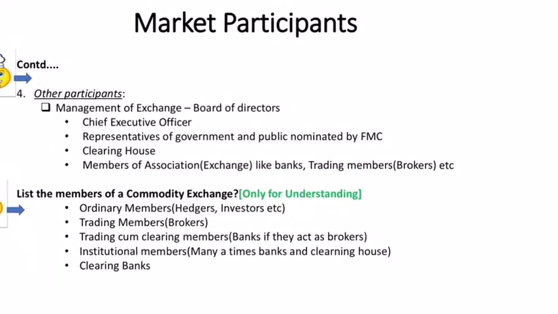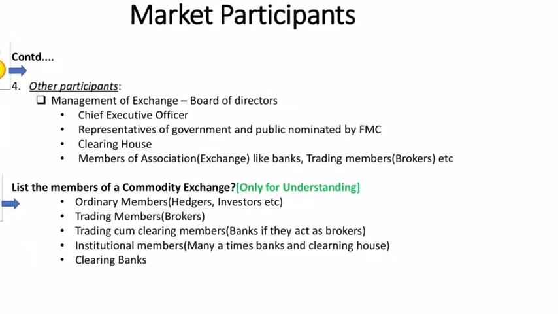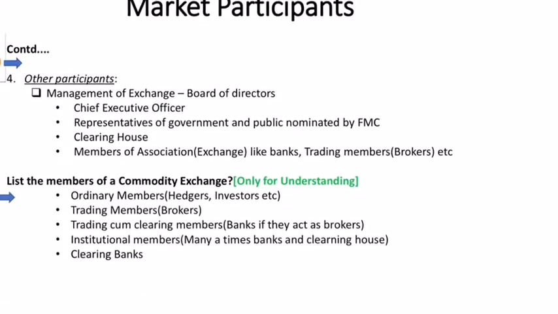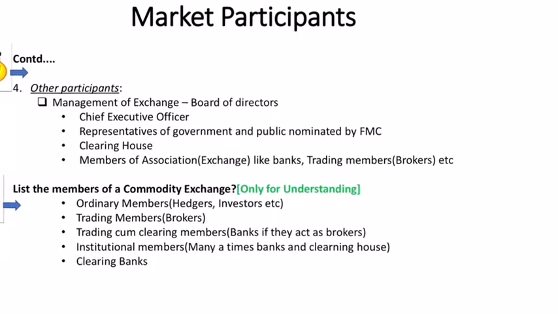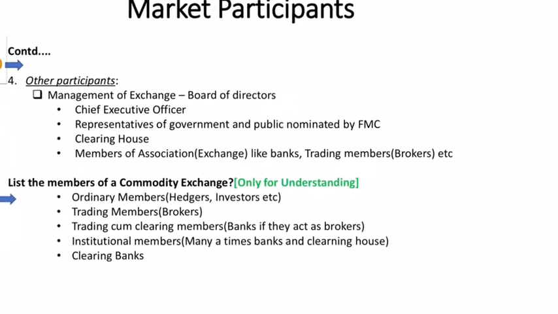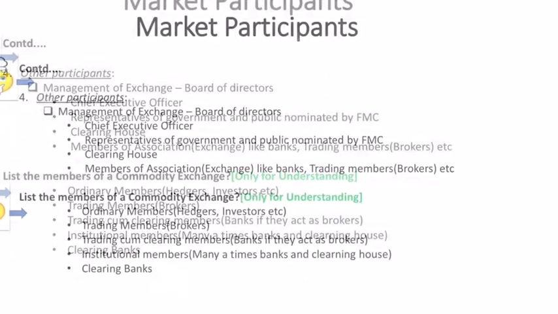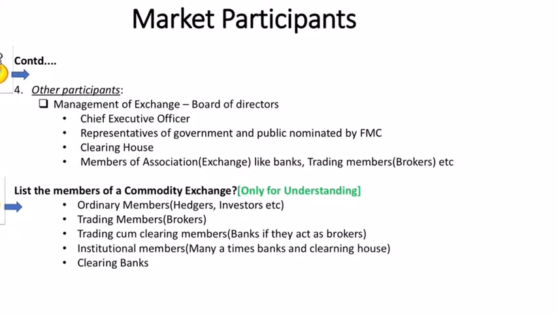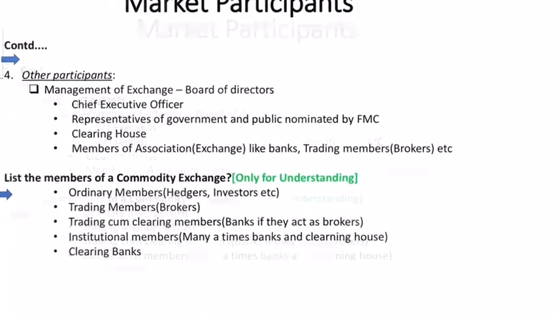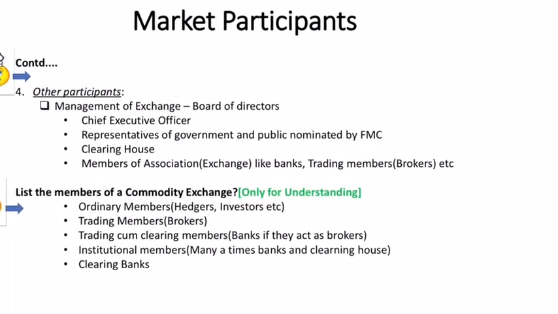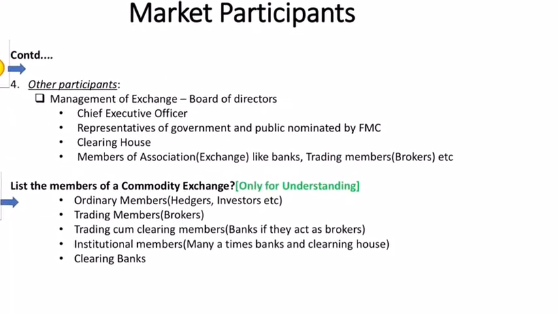And the board of directors will consist of representatives from the government, and also a few members nominated by the public. So the board of directors will have people from the government and also other members who are part of the exchange, and they are nominated by the other members.